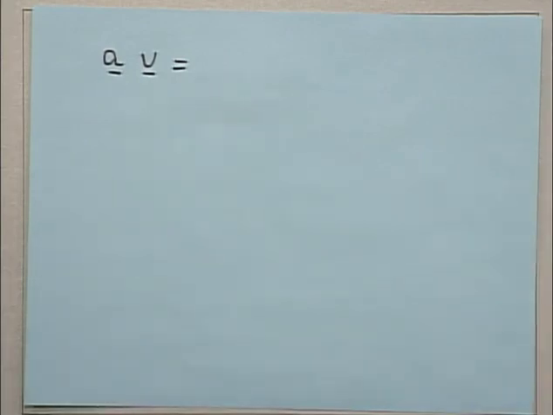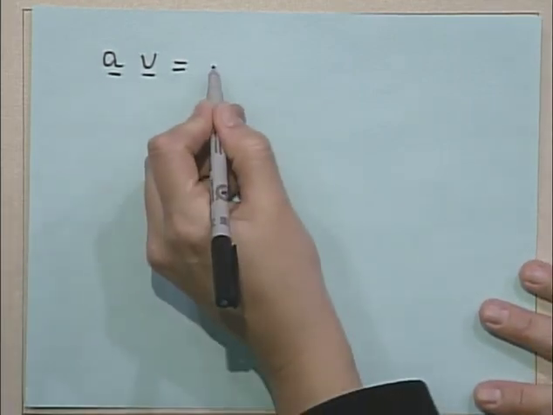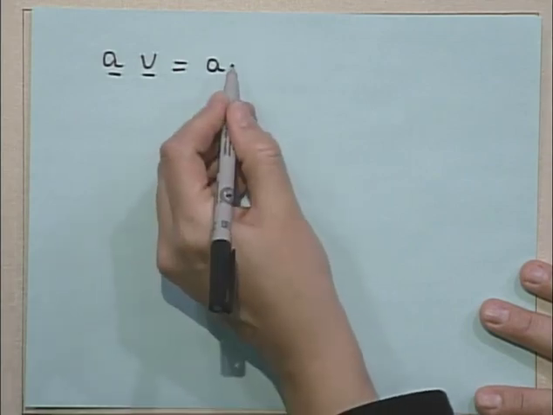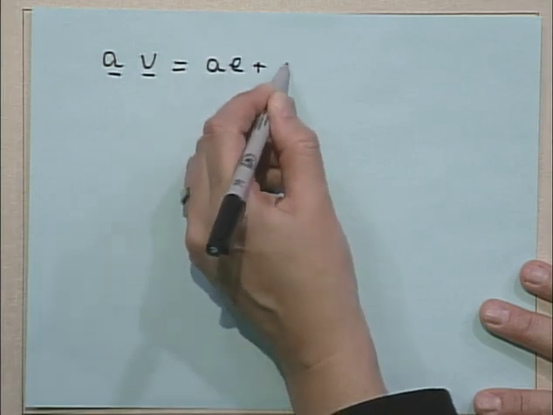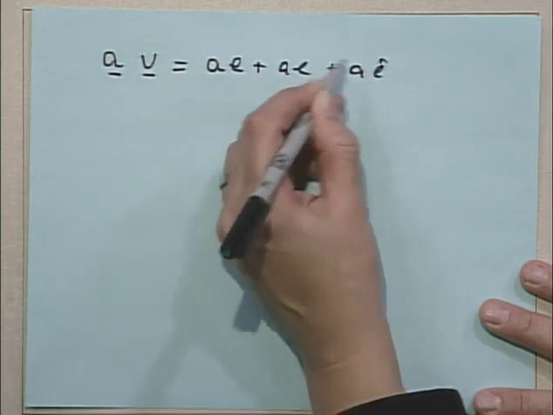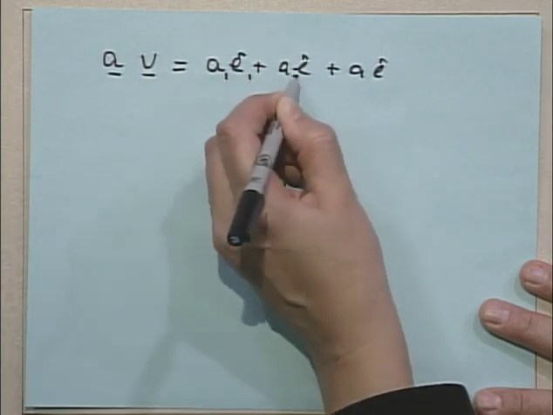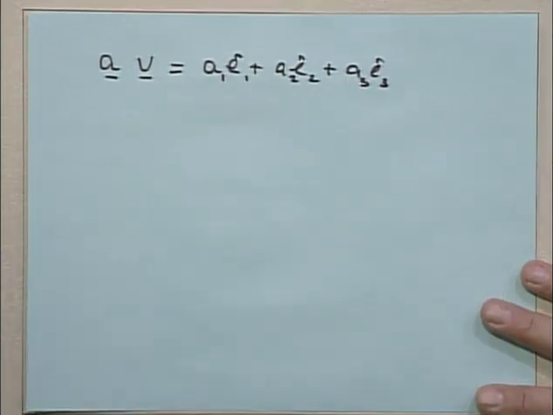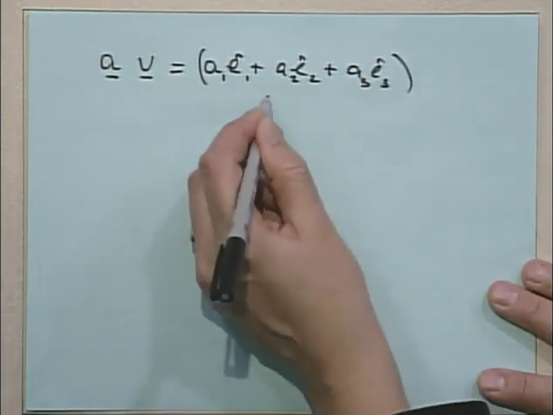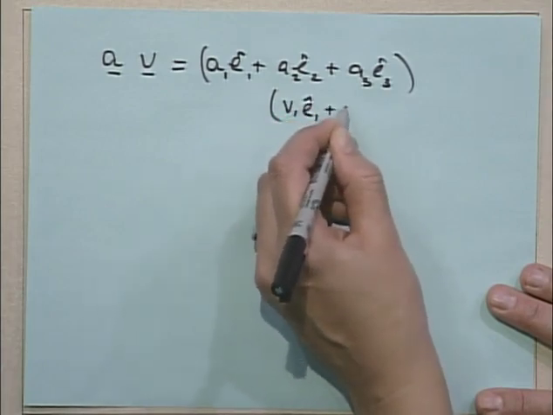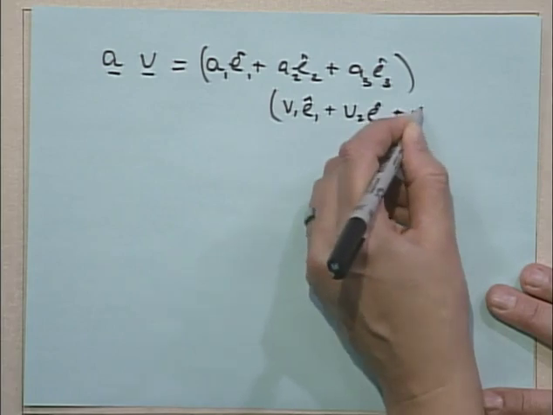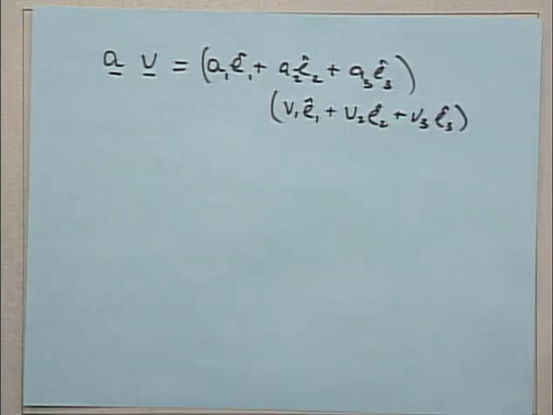We can do the same thing that we did with dot product and write that any vector may be written as a linear combination of three non-zero, non-coplanar basis vectors. So I've got A1 E1 plus A2 E2 plus A3 E3. These are my three basis vectors. Okay, that's A. If I put it next to V, also written in the same coordinate system, V1 E1 plus V2 E2 plus V3 E3, I have correctly written my tensor.